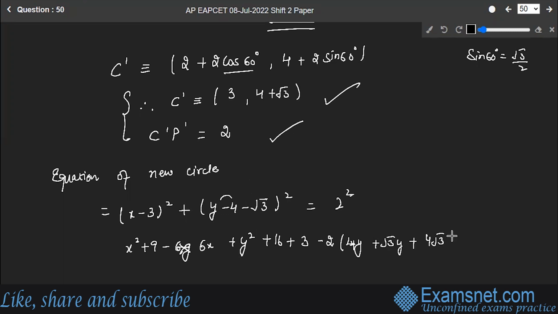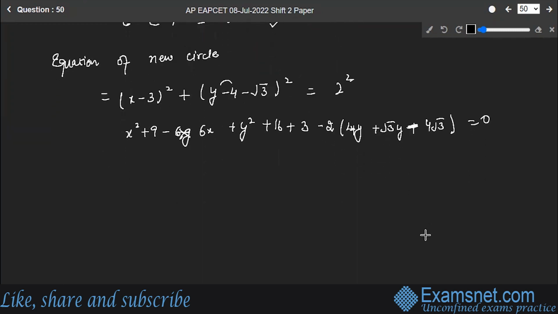Yes. So let's open it up. This is equal to 0. Wait, this is got to be of minus. So let's solve it further. You will have x square plus y square minus 6x minus 2 (4 plus root 3) y plus 24 plus 8 root 3 is equal to 0.